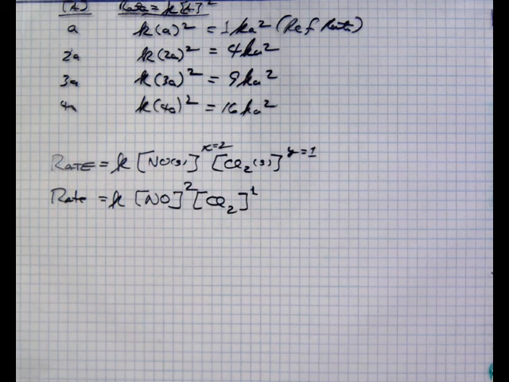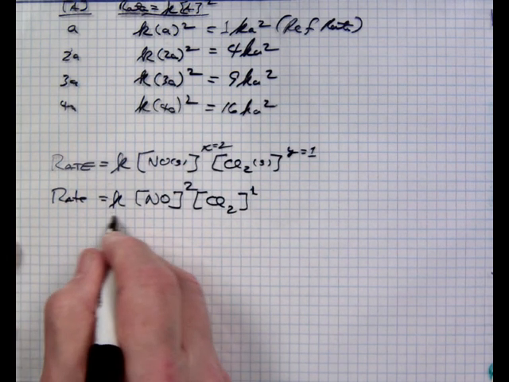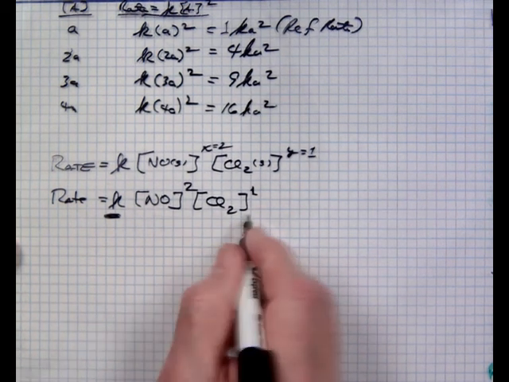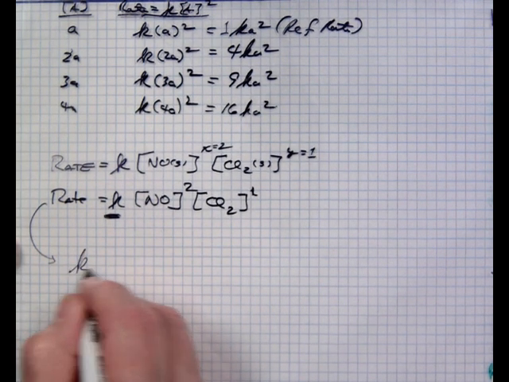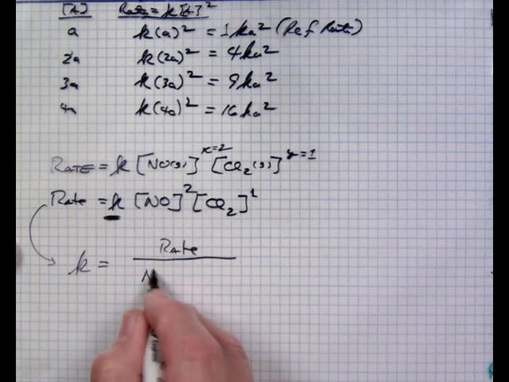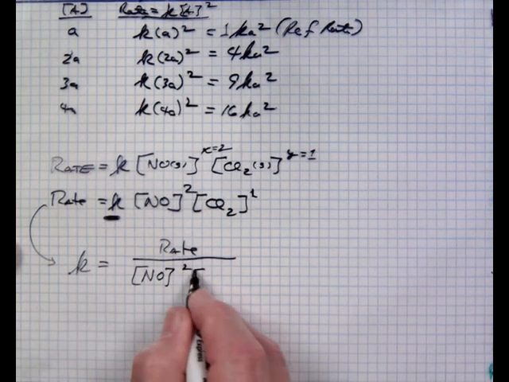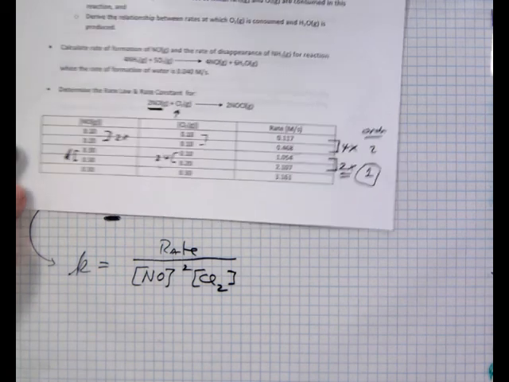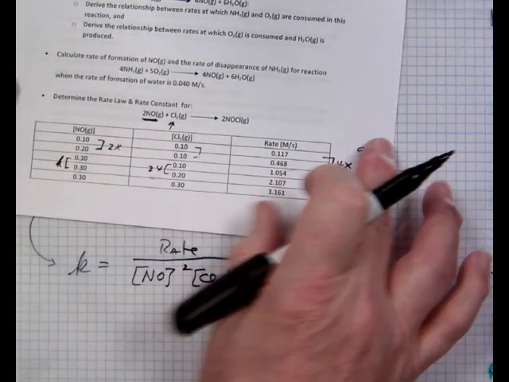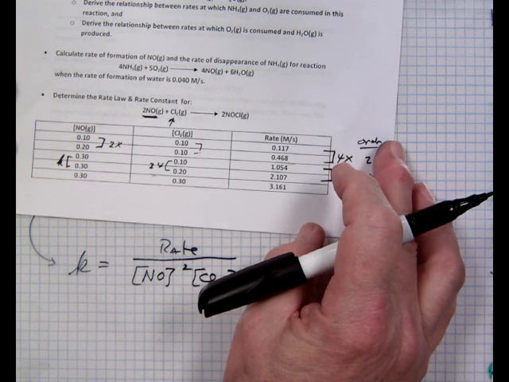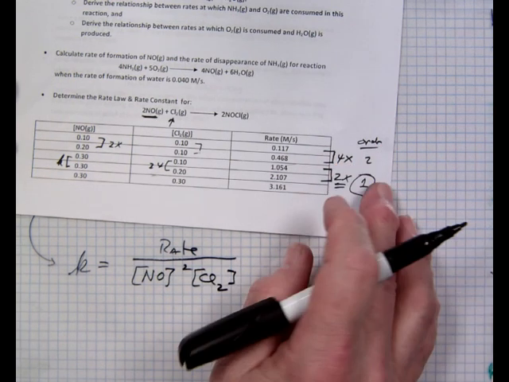So it's a matter of, this is behavior, indicators of the behavior of the reaction. What's the reaction doing? Now the last thing you have to do is determine the K value in here. So you solve this for K to equal rate over NO concentration squared Cl2 concentration raised to the first power. And all you have to do is pick any row, because a constant's a constant for any row that you choose. That's why K is K, constant, it will not change.